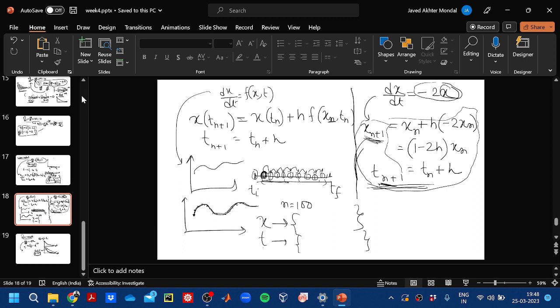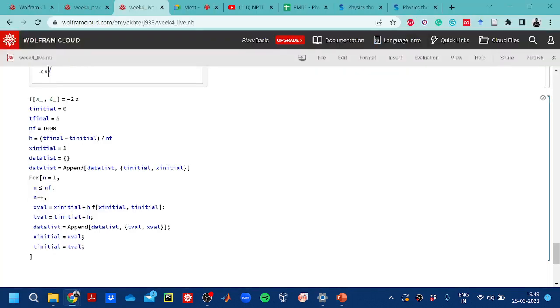But after solving this, we need to store them, because if we don't store them, then when we want to do the list plot, there will be no information about the value of x at each time. So we first compute these two equations for every time step, and after evaluating them, we need to store them in an array.